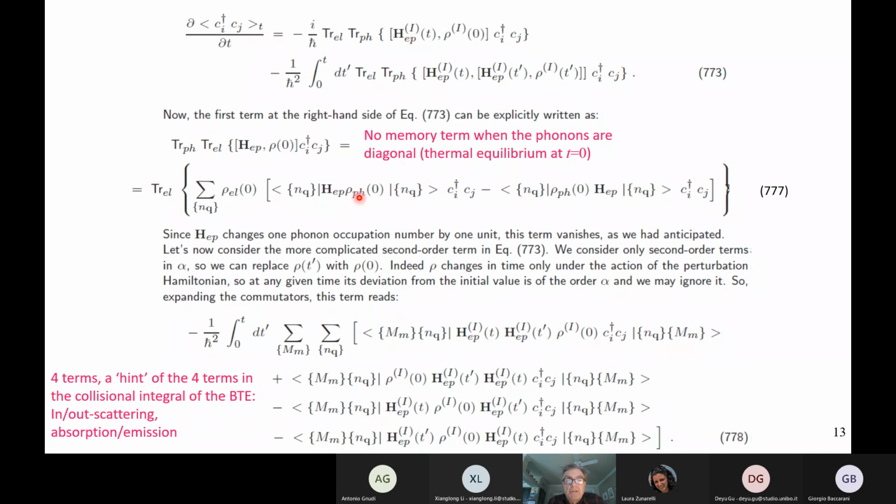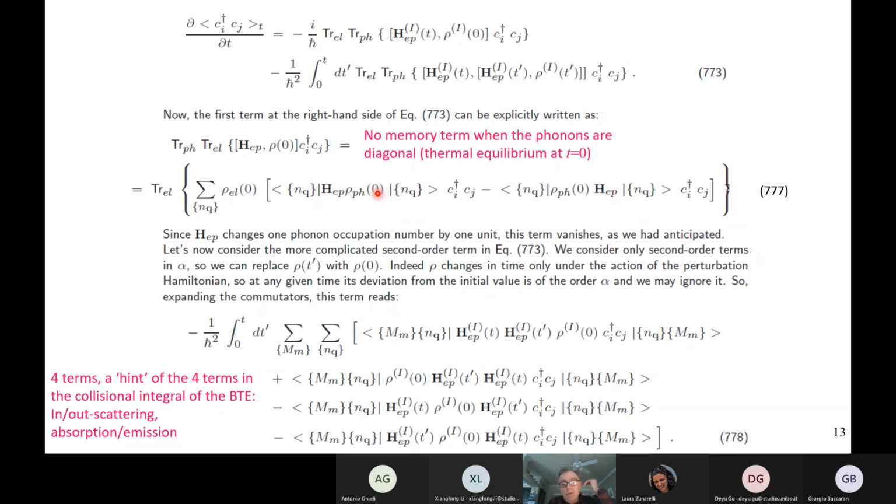So if we take the trace over the phonon degrees of freedom explicitly over here, we're summing over the diagonal of, if you want, the expectation values of the matrix element of this term. These have a particular number of phonons, the same in initial and the final state, but the electron phonon Hamiltonian has one phonon operator. So no matter what you do, this is going to vanish.